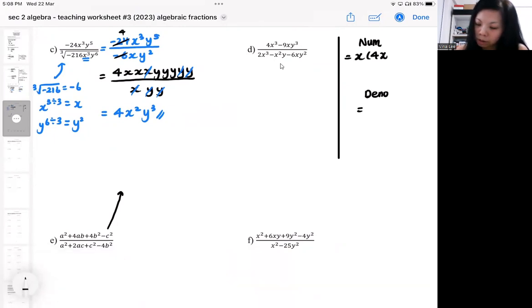So you got 4x squared minus 9y, supposed to be 9y squared. Can you change it to a square? So you will successfully get 3x plus 2y and 3x minus 2y.